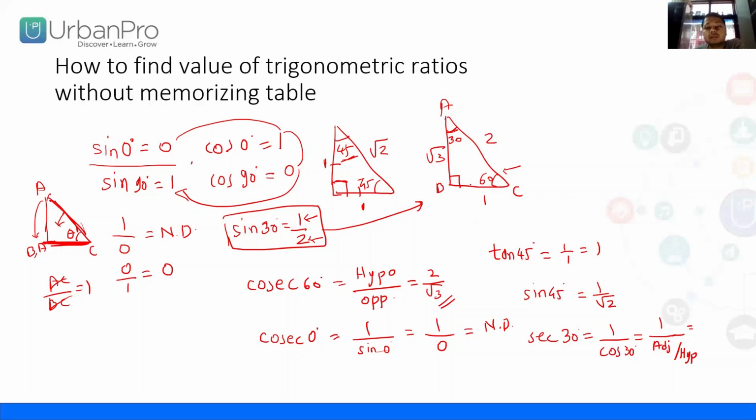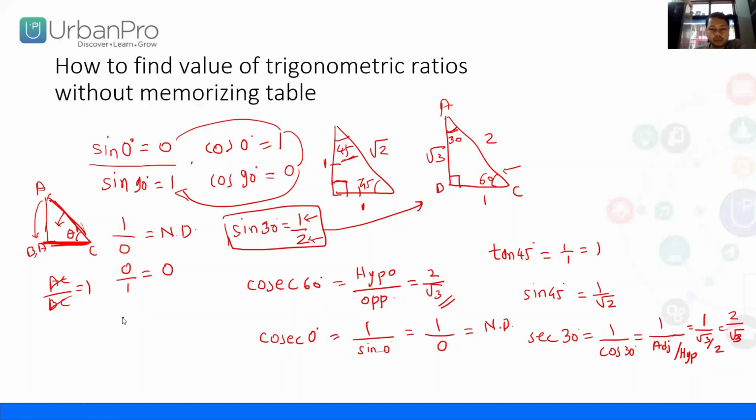So what is the adjacent side of 30°? Here root 3, and hypotenuse is 2. So it is 1 by root 3 by 2, and its inverse will be 2 by root 3. So with the help of this you can find any values without memorizing the table. Got it? You just have to apply the formula.